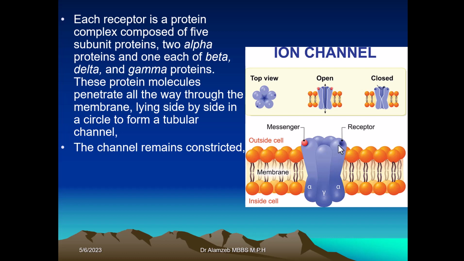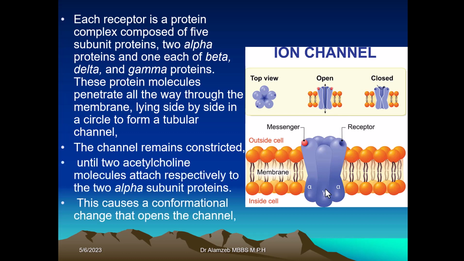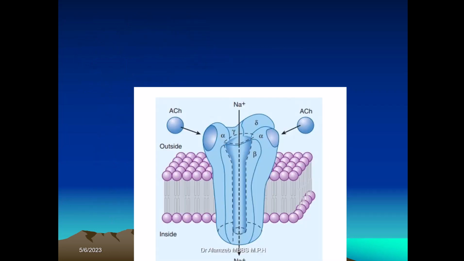When acetylcholine attaches to both of these receptor areas, the channel is activated and becomes open. This causes a conformational change that opens the channel.